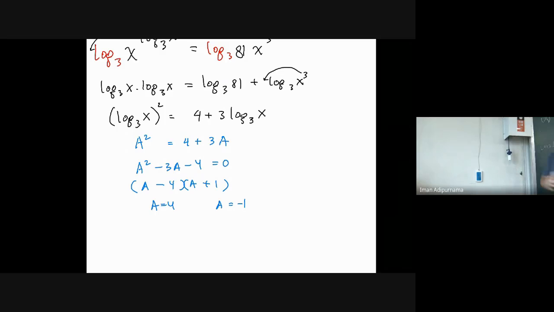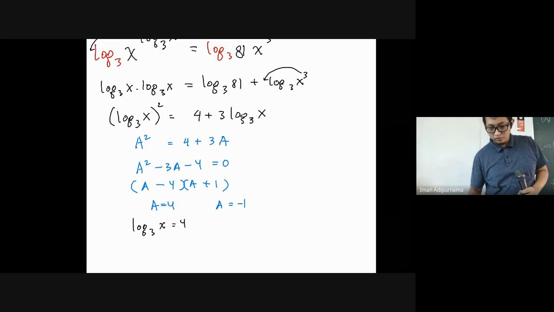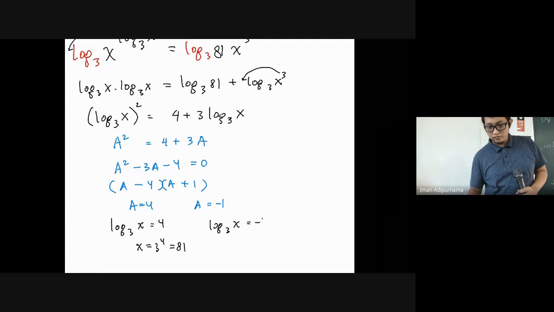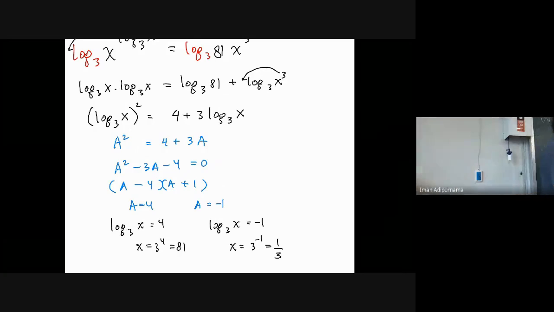So x is 3 to the 4th, or 81, and x is 3 to the negative 1. So you have 81 and 1 over 3. But remember, also check your answers. You can check that both are correct. Both correct.